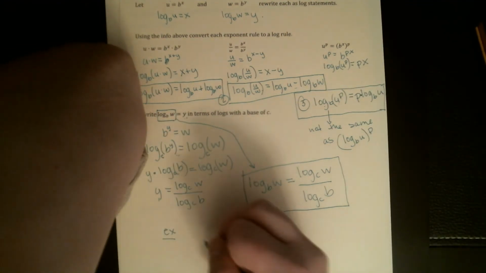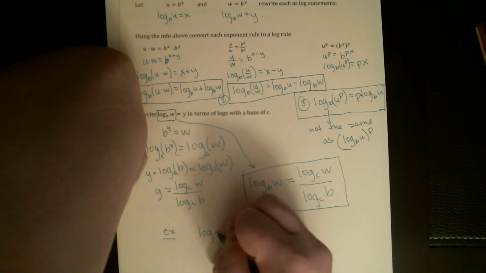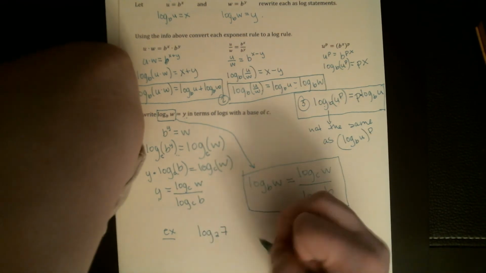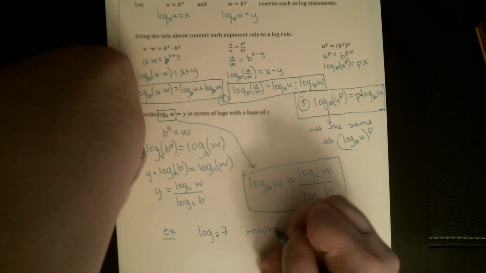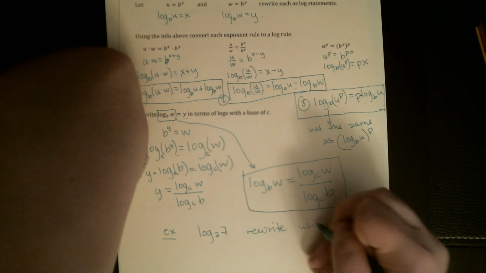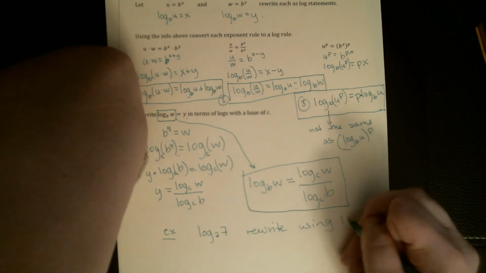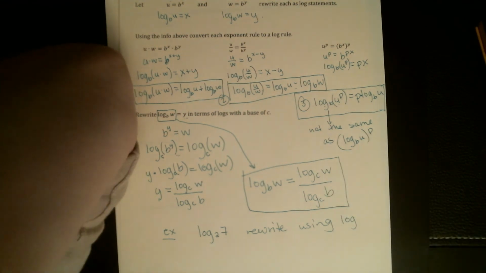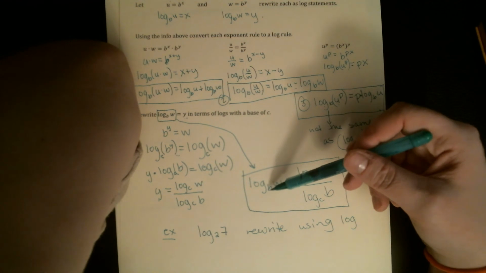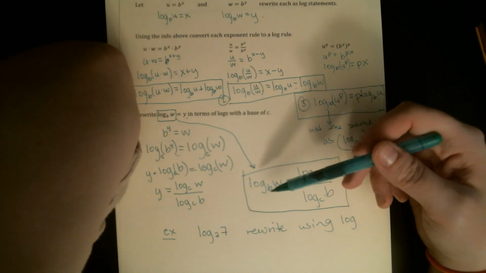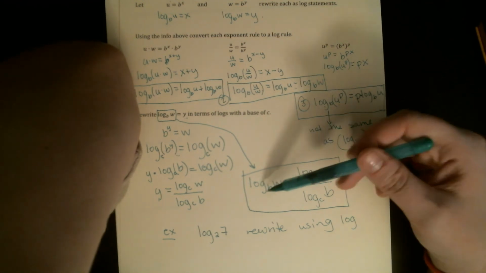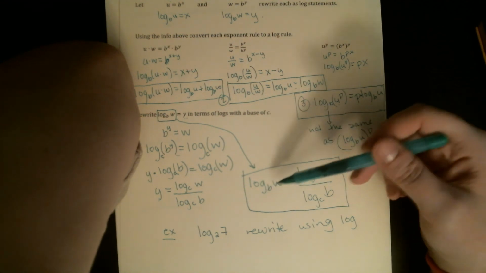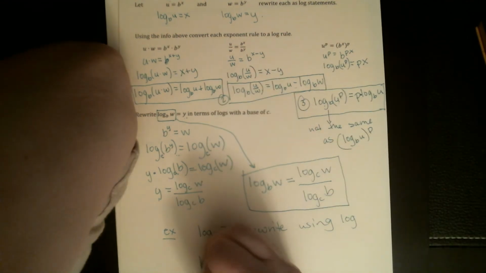If I have the log base 2 of 7 and I want to rewrite using, I don't know, log base 10, pick your log, plain old common log. What the change of base formula says is that if you want to change from one log base to another, you just go ahead and do it. So I went log base b of w and I turned it into log base c of w.